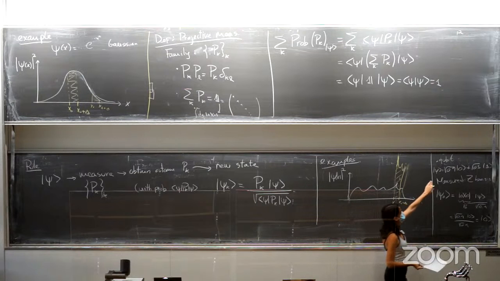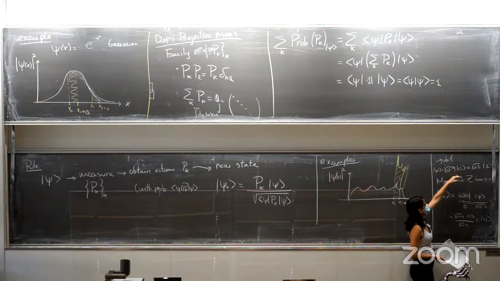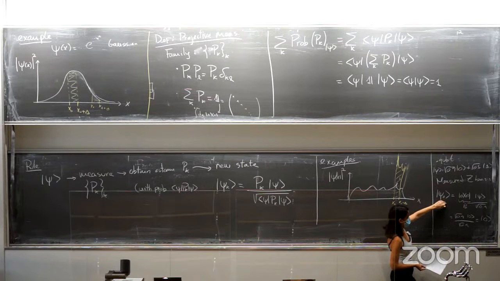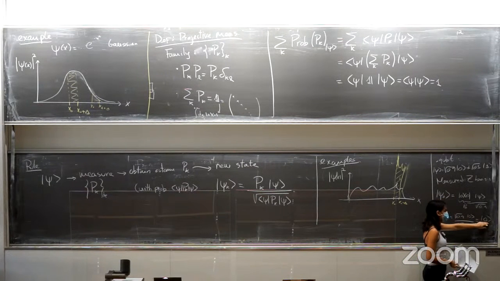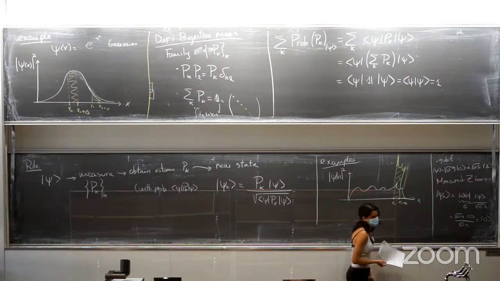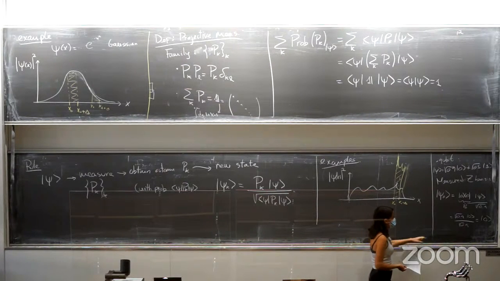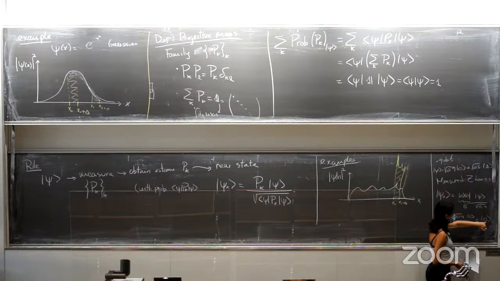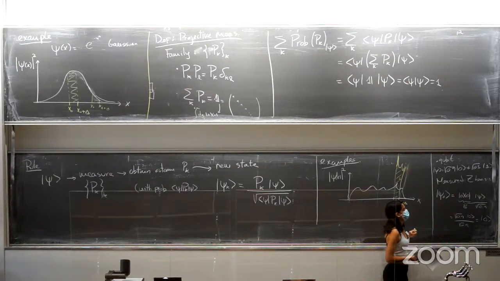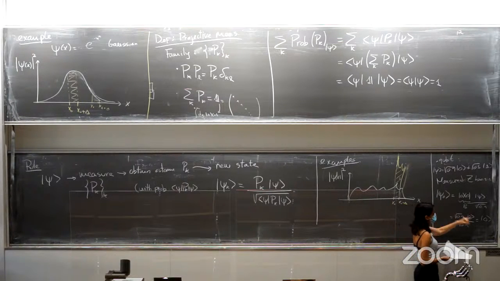Meaning, you had a state that was in what we call a superposition of 0 and 1. You measured it in the 0, 1 basis, and now after the measurement, it is in state 0. If you measure in any basis now, it will give you the outcomes consistent with being in this state. If you measured in the Z basis, got outcome plus, then you can do the calculations and see that you get a plus here.